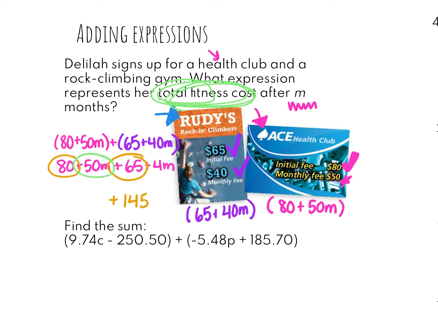Oh, that should be a 40. Oops. I have 50M and I have 40M, so that's going to be 90M. $90 a month plus 145 to join them both. So this is how we add expressions. Important part being that when there's a plus sign in here, the signs don't change on any of the terms.